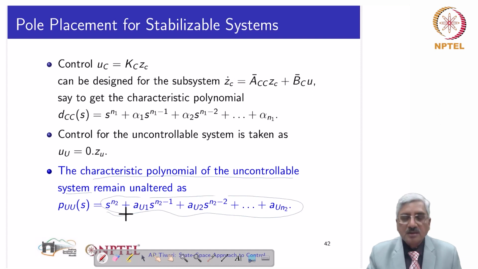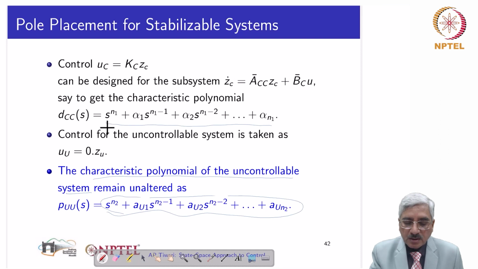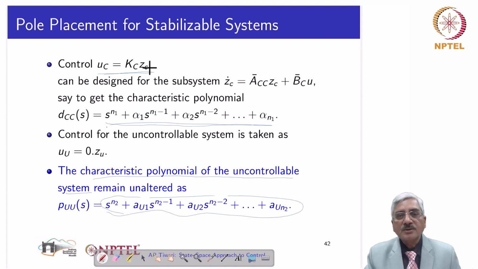This is the characteristic polynomial of the uncontrollable subsystem, and this is the characteristic polynomial of the controllable subsystem, which is achieved through this feedback of only the states which are controllable, the Z_C part.